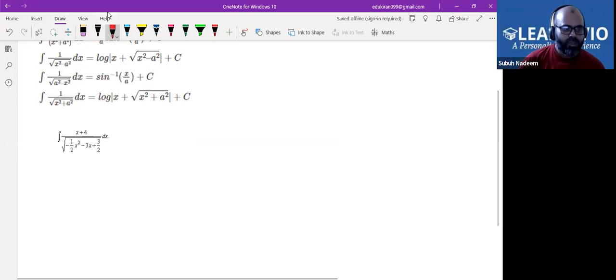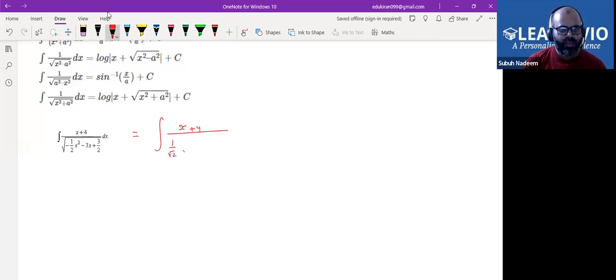So right now it is x plus 4 by root over minus half x square minus 3x plus 3 by 2. To make it simpler, first of all we can take this half outside. So 1 by root 2 will be outside, and it will be minus x square minus 6x plus 3.